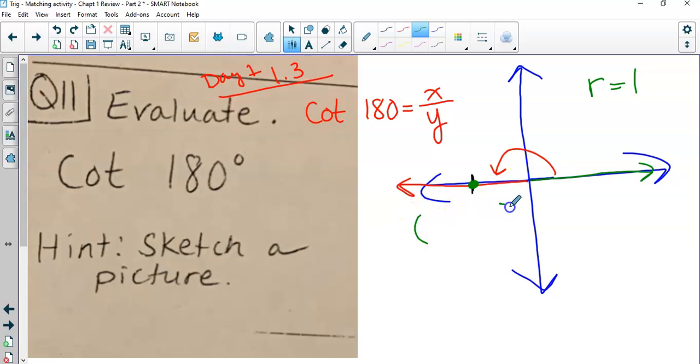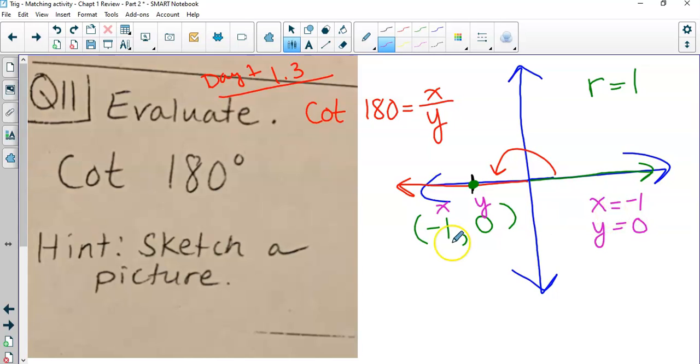And so all we need to do is name this point. In order to get to this point, we went 1 to the left, which means negative 1, and you don't go up or down, so 0. So that means this point can be labeled x and y. So that gives us our x, and it also gives us the y.